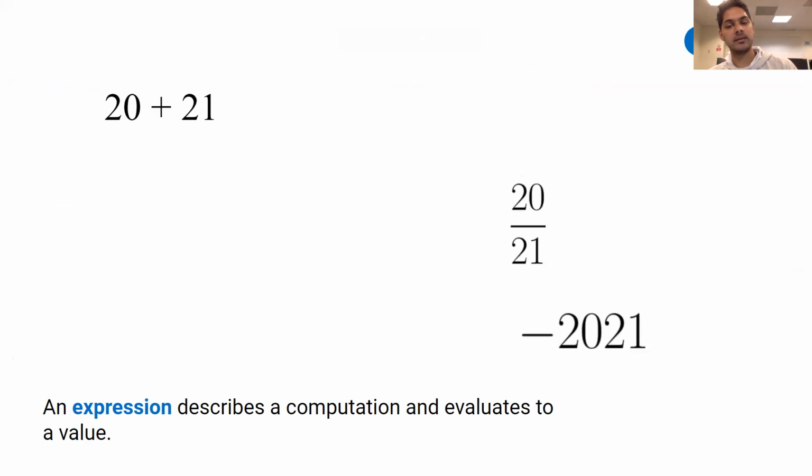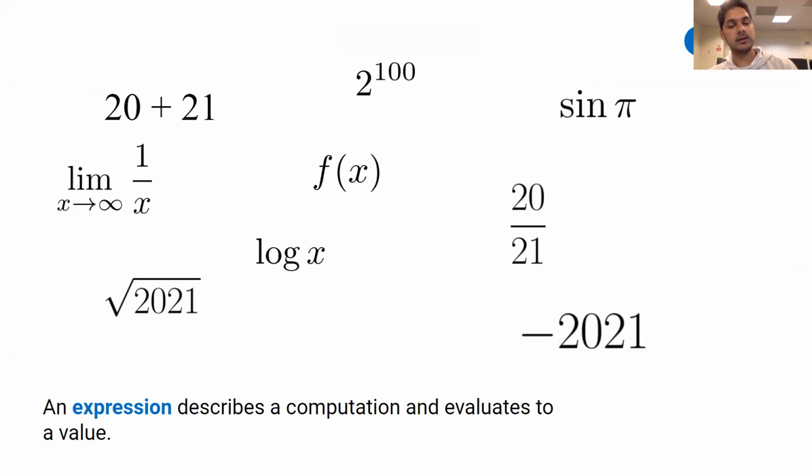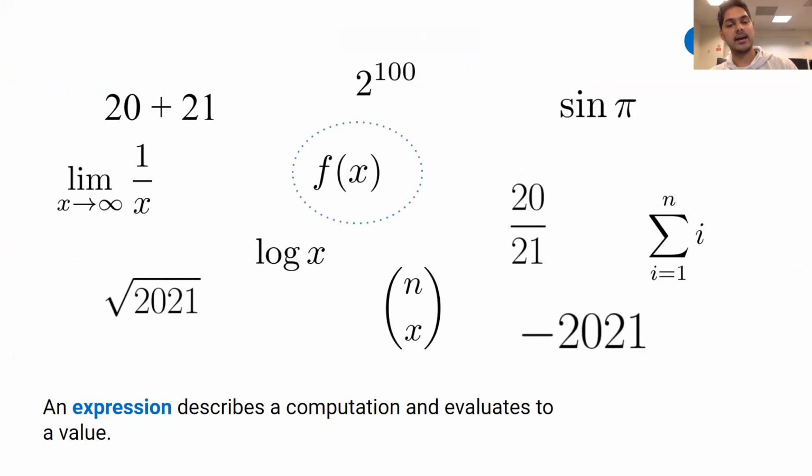All of these here, 20 plus 21, negative 2021, share one thing in common: we can abstract all of these expressions away to the function f of x, similar to algebra.